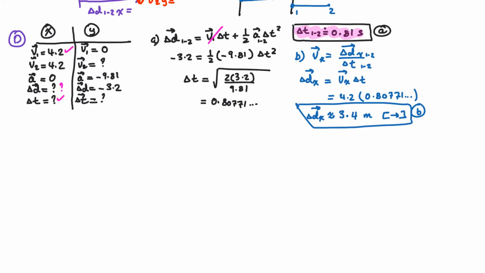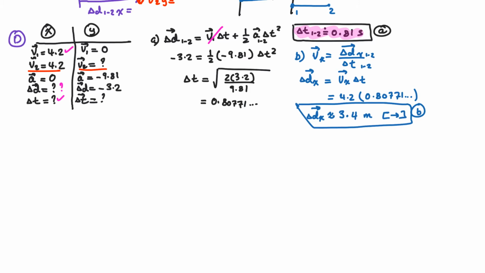Basically, we do have v2 in the x direction. We just need v2 in the y direction. We can use one of the equations, and I'm going to try to use an equation that doesn't have the change in time in it, just because what if I made a mistake here? If I use these values here, I'm sure they're coming from the question, so I'm not going to make a mistake using those. So I'm going to look for an equation that doesn't have delta t in it.